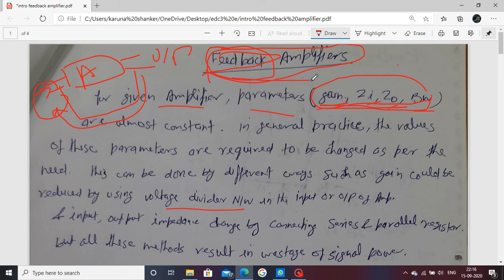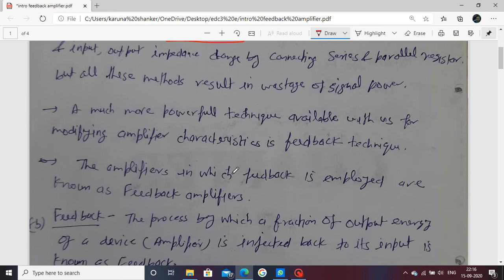By using feedback there are negligible losses, meaning losses are minimum. That is written here on these pages.